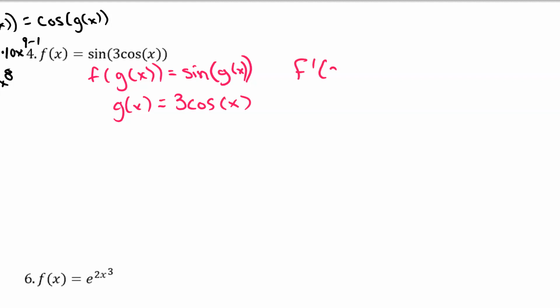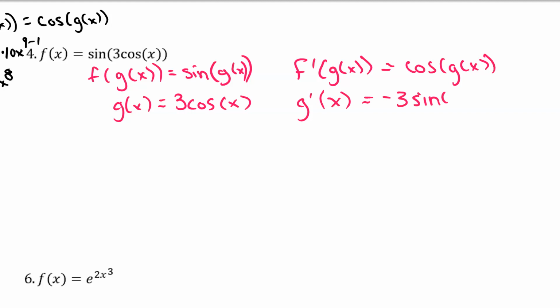The derivative of our outside is going to be the derivative of sine, which is positive cosine. And the derivative of 3 cosine, well, the derivative of cosine is negative sine, so we've got negative 3 sine x.